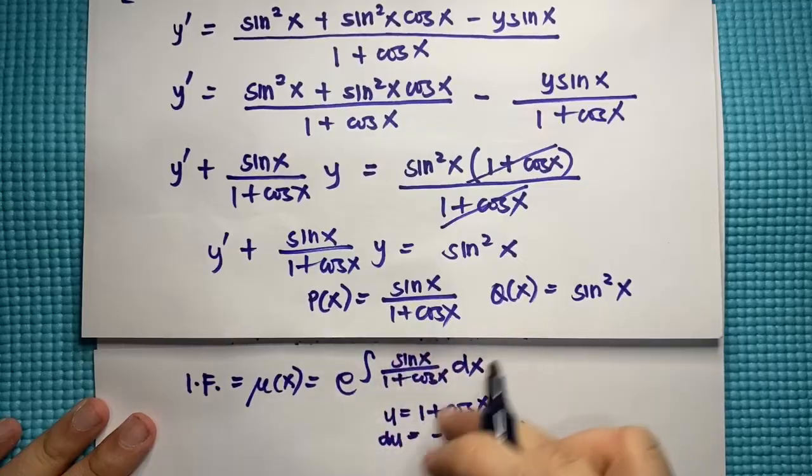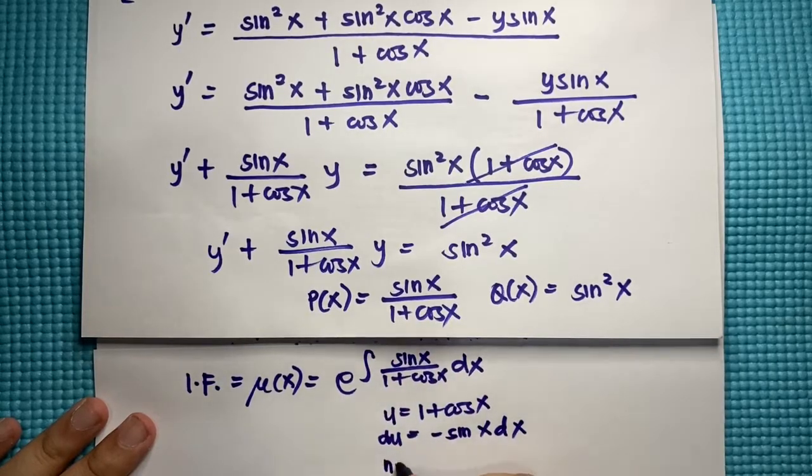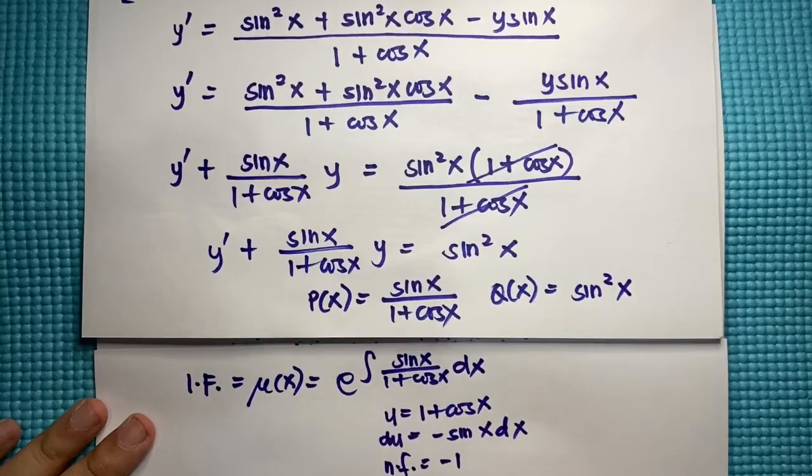Since the numerator is only sin x, we need a neutralizing factor, which is negative 1. So this is equivalent to e raised to negative ln of 1 + cos x, or that would be e raised to ln of (1 + cos x) raised to negative 1.